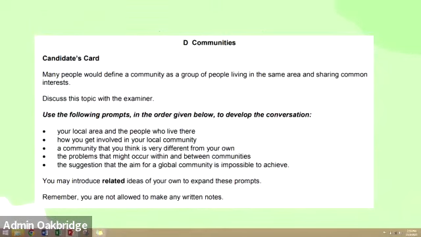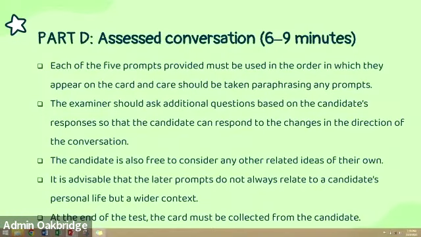All the way from the top till the bottom, we will follow the same order. We will not mix it. Okay, and also care will be taken on paraphrasing any prompts. Okay, it is not encouraged for you to paraphrase the prompts because you might change the meaning of what they have stated in the card.